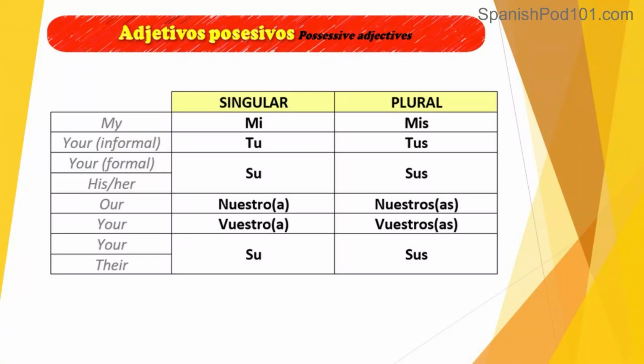So, to say my in Spanish, the singular is mi and the plural form is mis. To say your informal, remember we have two different yous in Spanish: an informal register with tú, and a formal register with usted that we use for formal situations.